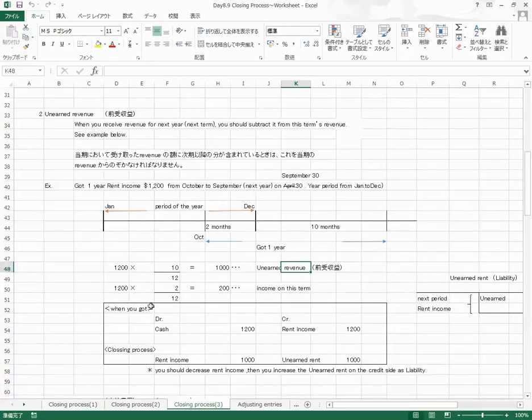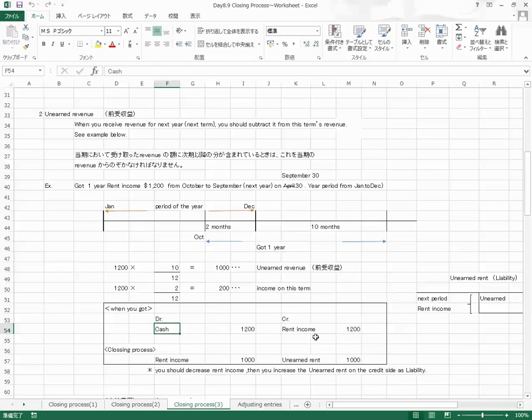So, look at the journal. When you got the income of the 1 year, debit cash 1,200, credit rent income 1,200.